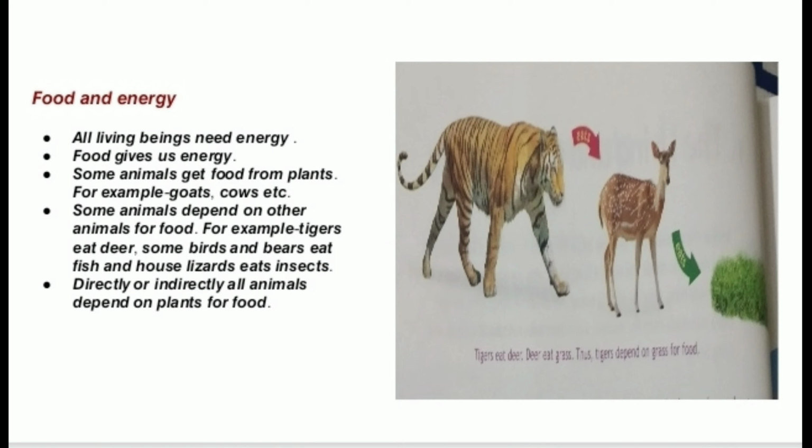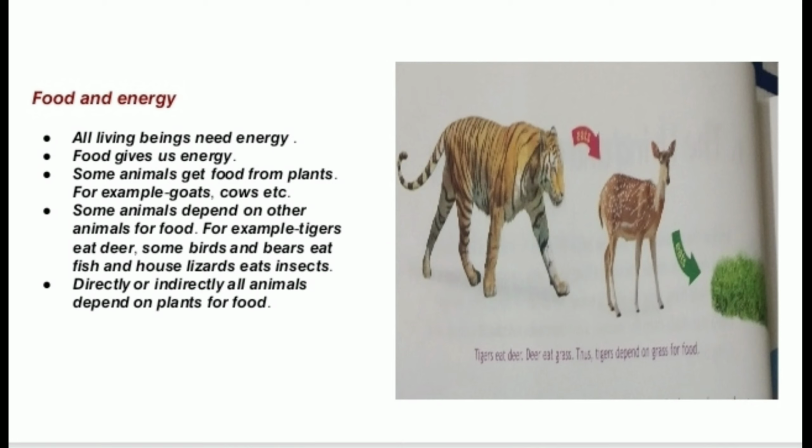For example, tigers eat deer, some birds and bears eat fish, and house lizards eat insects. But even these animals depend on plants for food.